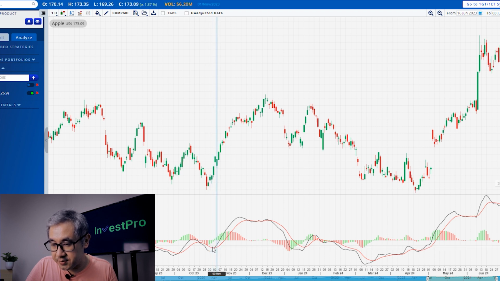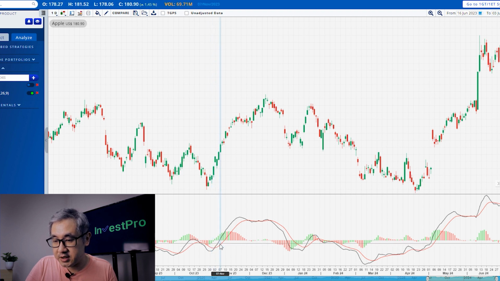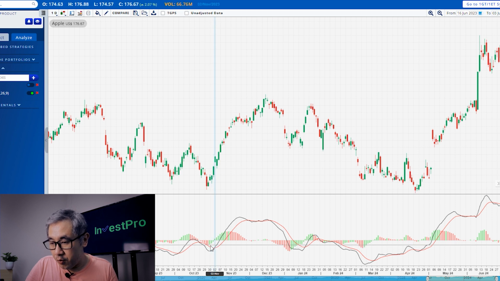When it crosses above the signal line, it tells them it's probably time to buy, because they think the market is bullish. But when the black color crosses below the red color, it shows bearishness in the market, so probably it's a time to sell.